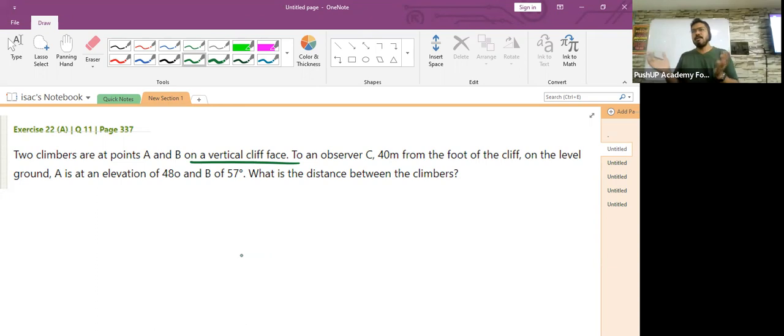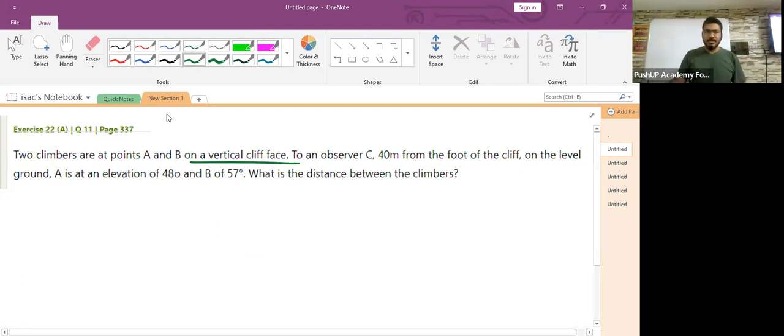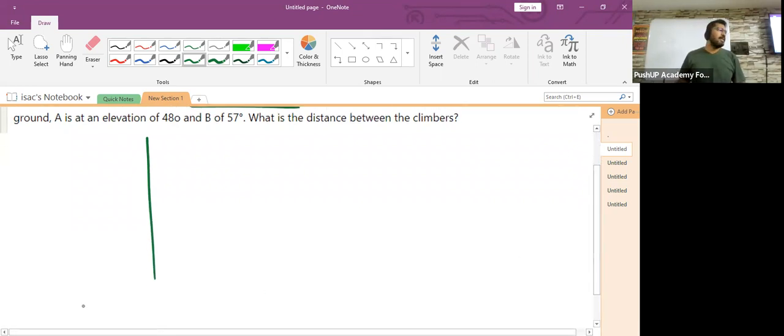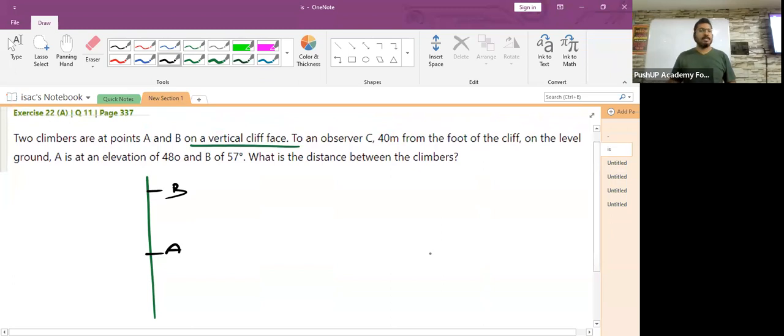If they both are parallel to each other, one person is at this point, one person is at this point of the cliff. That is also possible. We are just assuming that the cliff is vertical in shape like this, okay? The cliff is vertical in shape where the first climber is at this point A and the second climber is at this point B. Now, let's read the question once again.